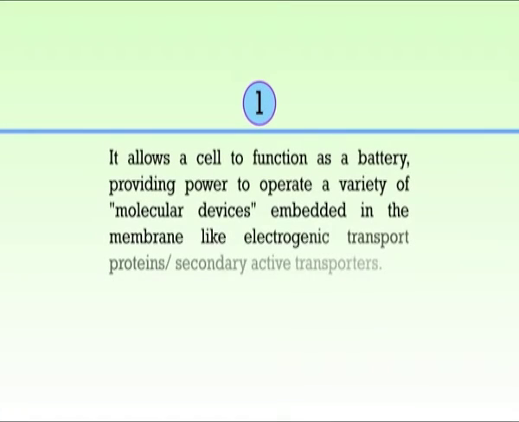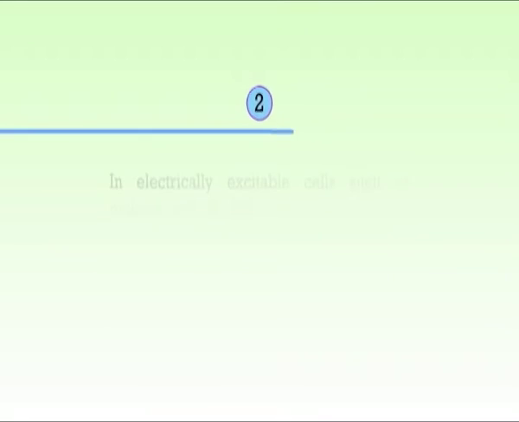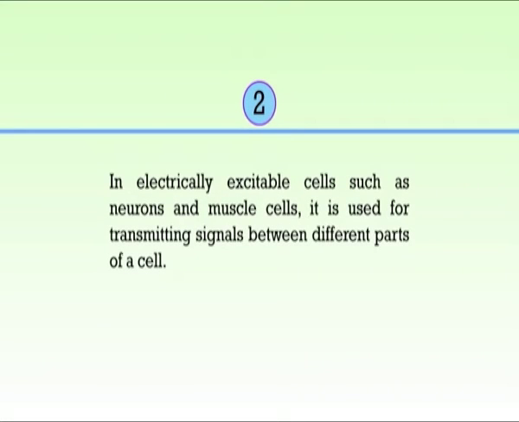First, it allows a cell to function as a battery, providing power to operate a variety of molecular devices embedded in the membrane like electrogenic transport proteins, which are the secondary active transporters. Second, in electrically excitable cells, such as neurons and muscle cells, it is used for transmitting signals between different parts of the cell.